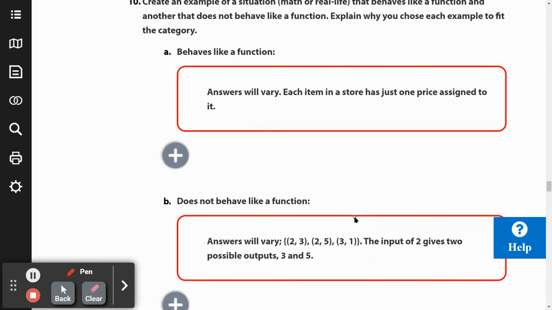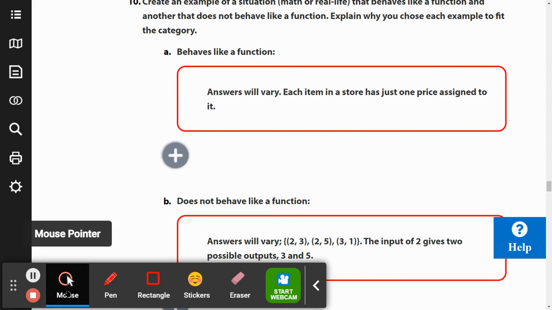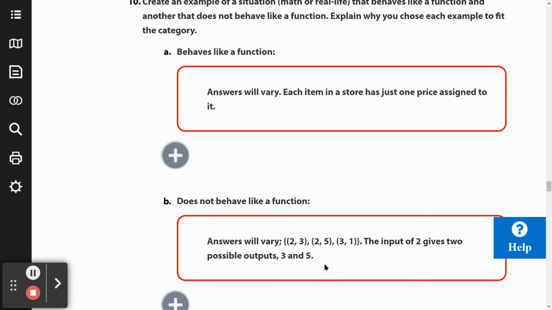And the example it gives for not a function is a set of ordered pairs: (2, 3), (2, 5), (3, 1). The reason is that the input 2 is used twice. It gives 2 outputs, 3 and 5. So then it's not a function.